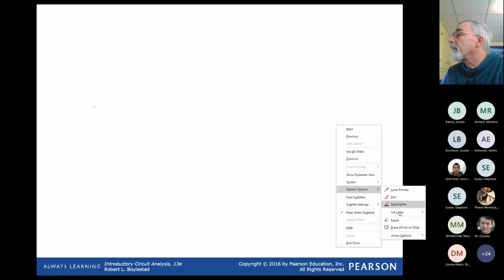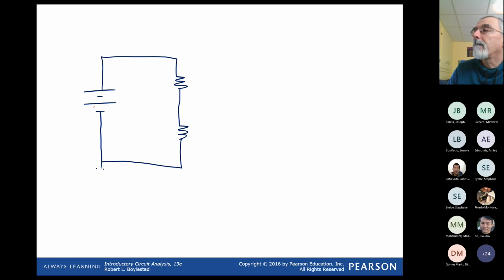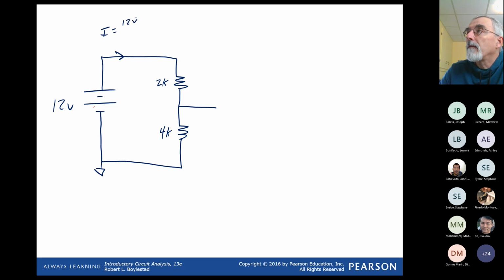So if I have in this circuit 12 volts, 6K, we have I equals 12 volts divided by 6K, giving us 2 milliamps. 2 milliamps flowing through 2K gives us a drop of 4 volts.